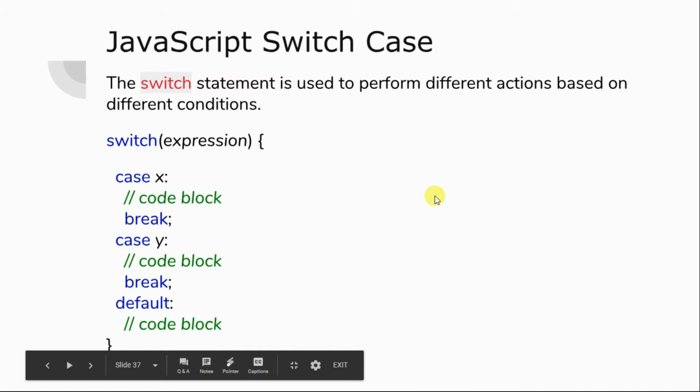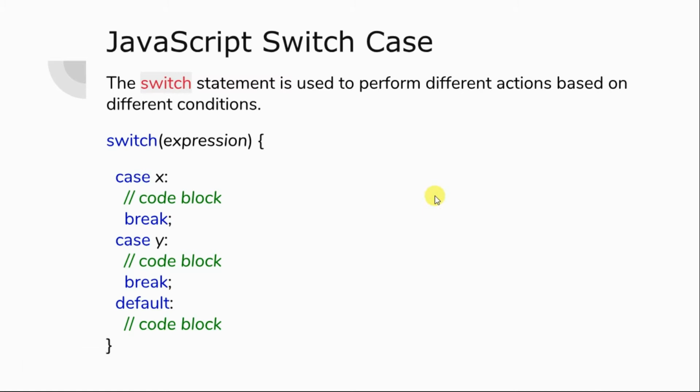The switch statement is used to perform different actions based on different conditions. Switch expression, code block, break, case, break, default. In this section, the break gives a point that if the above case is executed, then the program breaks here and does not execute further.